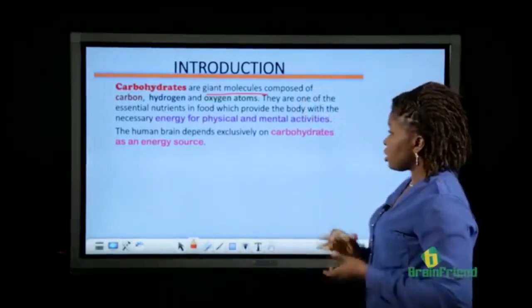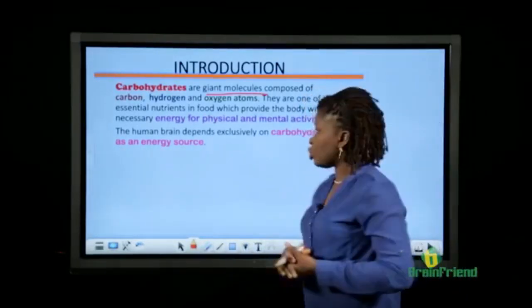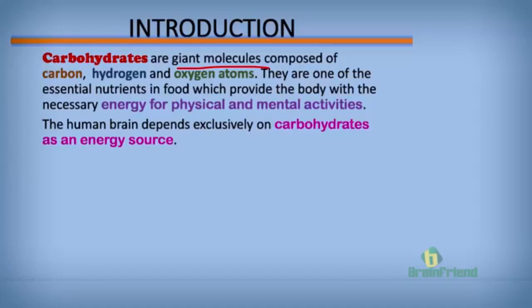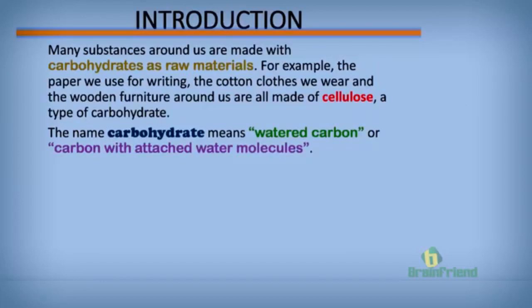Giant molecules are simply covalently bonded substances that are usually huge in size. Carbohydrates are one of the essential nutrients in food which provide the body with the necessary energy for physical and mental activities. The human brain actually depends exclusively on carbohydrates as an energy source. Besides the biological function of carbohydrates in the body, it's a substance that serves as raw materials.